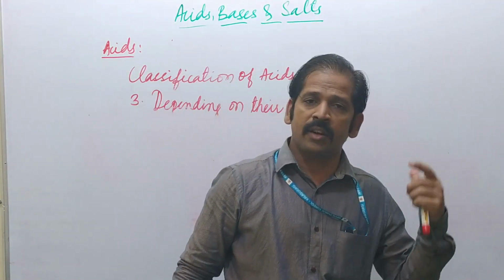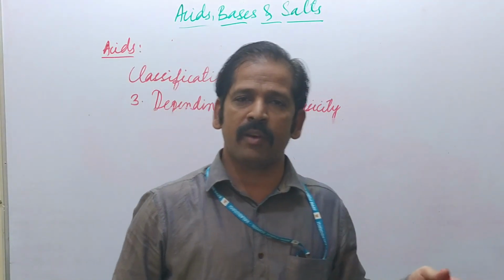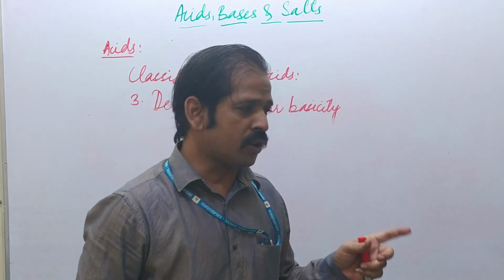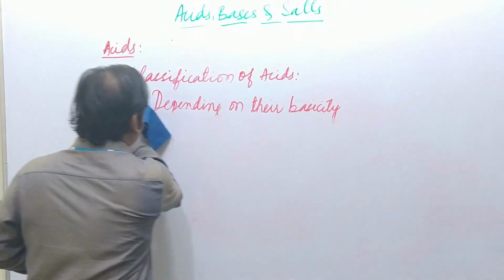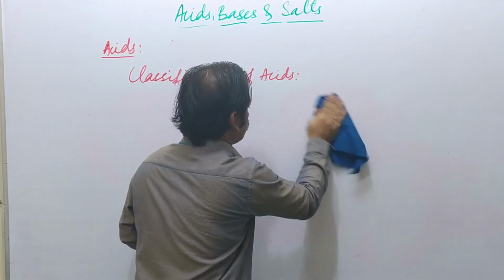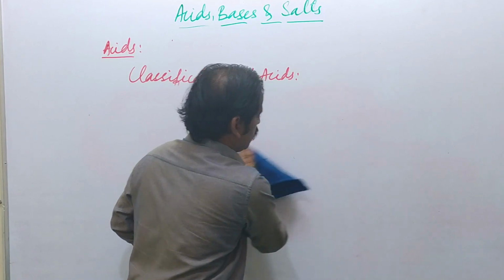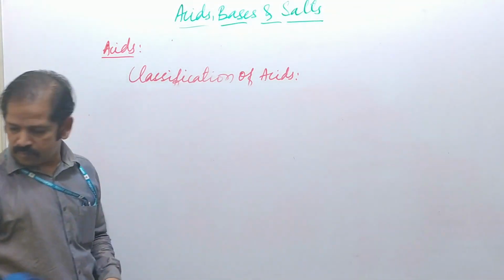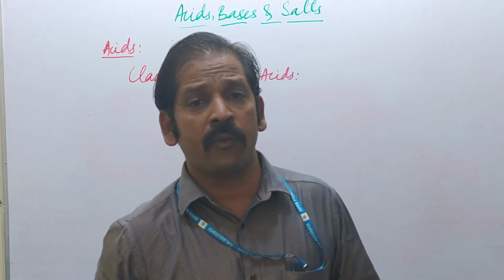That was the third point of classification of acids depending on their basicity. The first was depending on their sources, the second was depending on their concentration, the third was depending on their basicity. Yes, now we'll discuss the physical properties of acids.